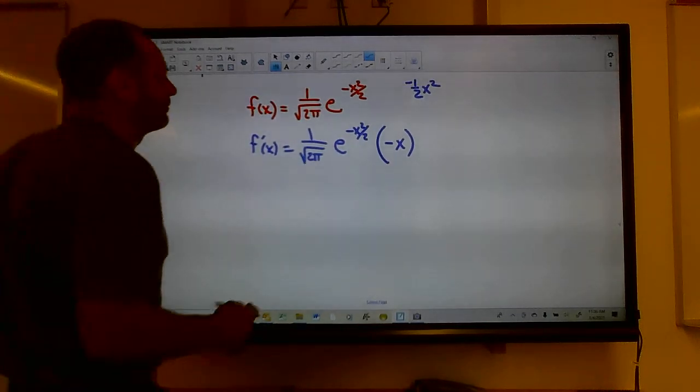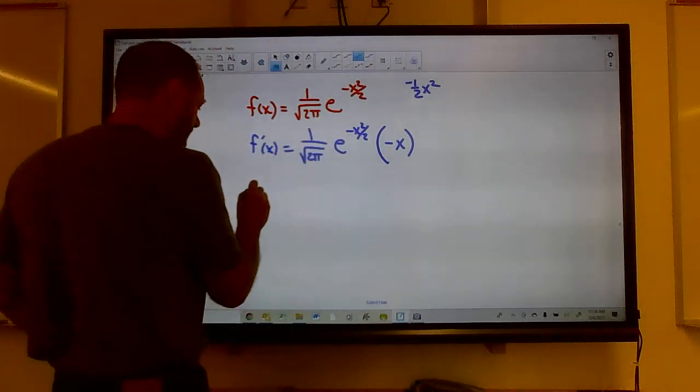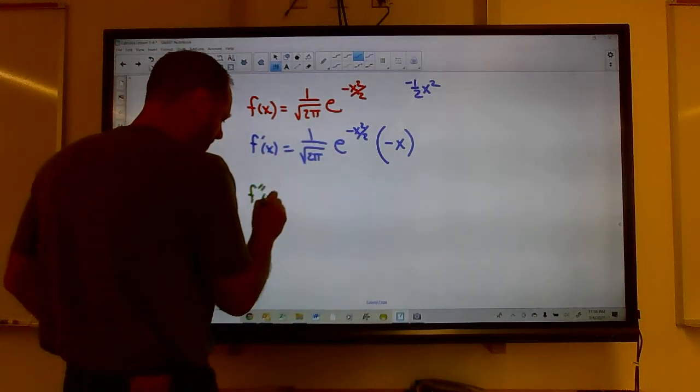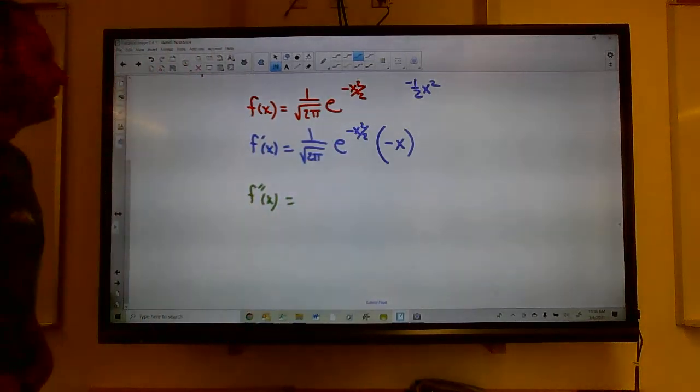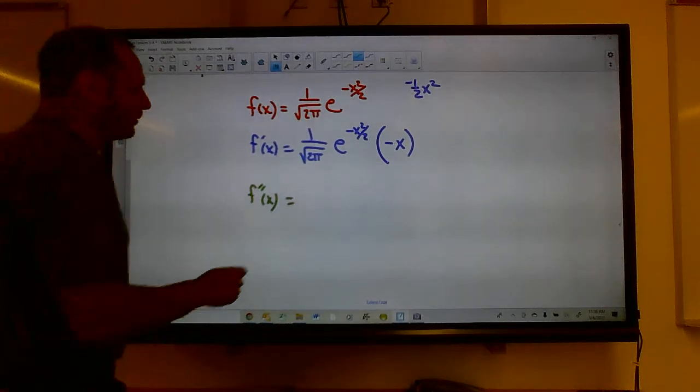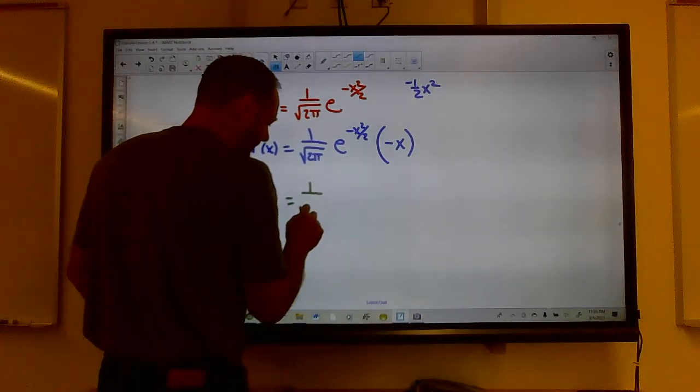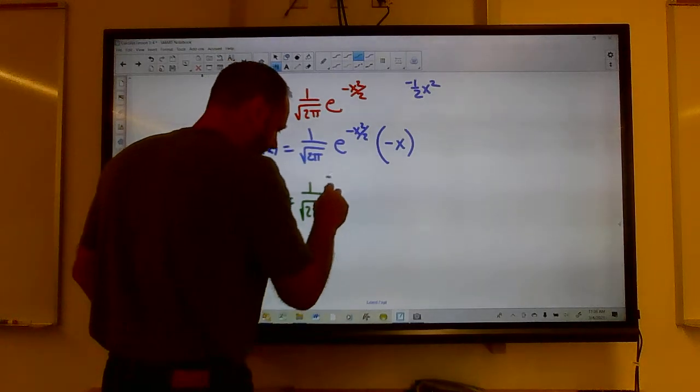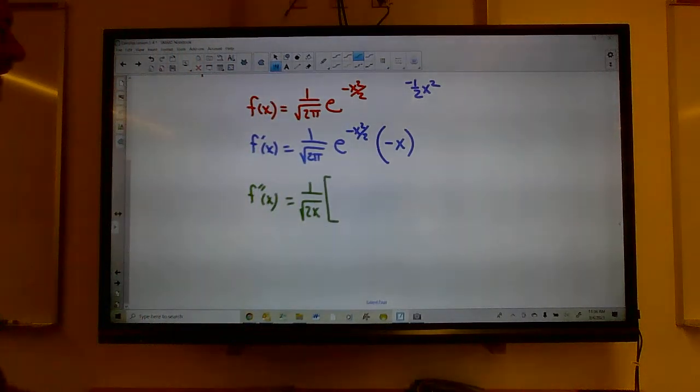Now this is a product rule this time. Okay, so we're going to just take this and kind of factor it out here in front. And we're going to product rule this.